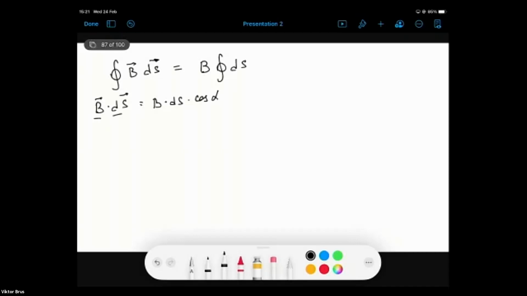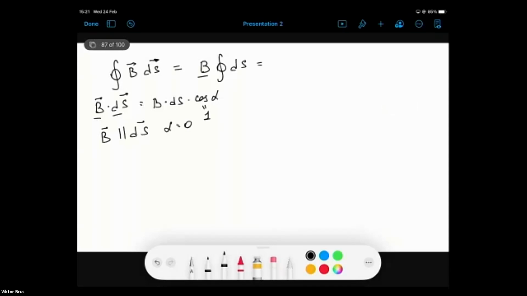Since when we integrate along this closed loop, vector B is always parallel to vector ds, alpha is equal to 0, and that's why cosine alpha is equal to unity. So we don't need to take anything else into account.